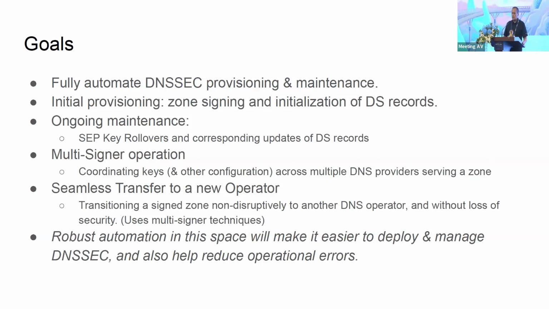A related area of concern is how to automate the deployment and configuration of what are called multi-signer deployments. This is where two or more distinct providers serve the same zone but sign data independently with their own keys. It turns out such a configuration can also be used to seamlessly transfer a signed zone from one provider to another provider, and we need better tooling and automation there too.